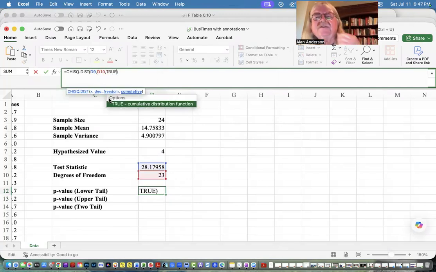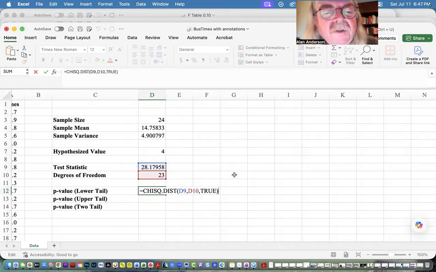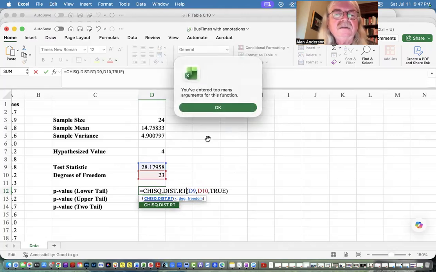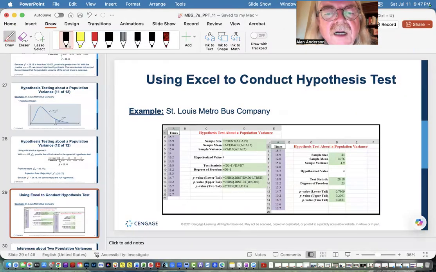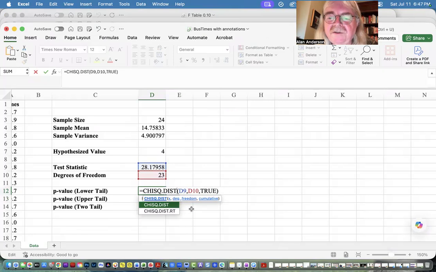The chi-square setup is very strange in Excel. Let's go through that one more time. It's chi-square dot dist RT. Sorry, not RT. I keep getting that backwards. But then if you don't have the RT, you need to tell it that this is true.